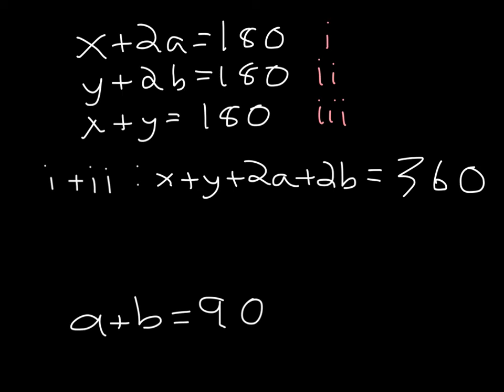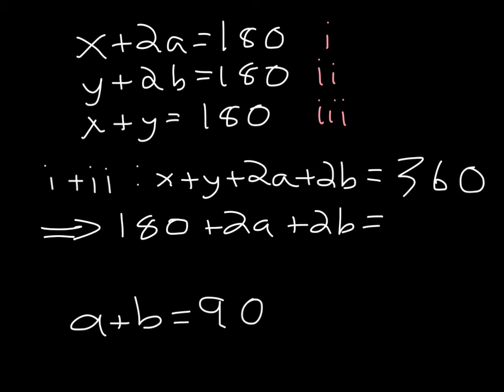Now, we know that equation 3 tells us that X plus Y equals 180, since the angles X and Y are supplementary. So we can use equation 3 here and substitute that in. Instead of writing X plus Y, I'll write 180 plus 2A plus 2B equals 360.